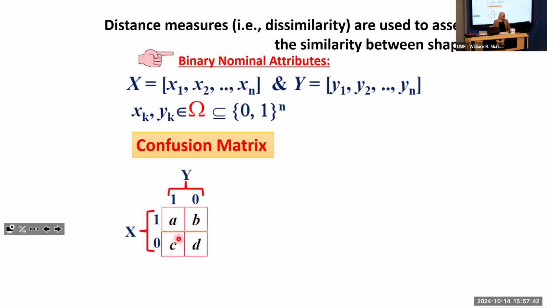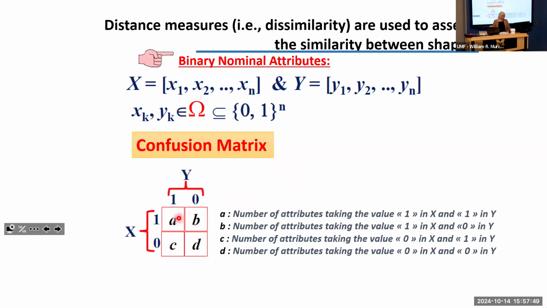I'm going to represent my attributes: A are attributes taking 1 for x and 1 for y. B are those taking 1 for x, 0 for y. C are those taking 0 for x, 1 for y. And D are those taking 0 for x and 0 for y. So this is a way to represent it.